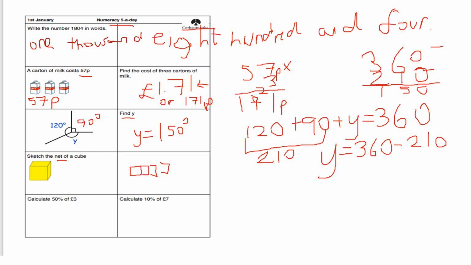Remember that it has 6 faces, so I've got to have a total of 6 boxes. It will go there, and then it will go there. If you fold that, you will get a cube.